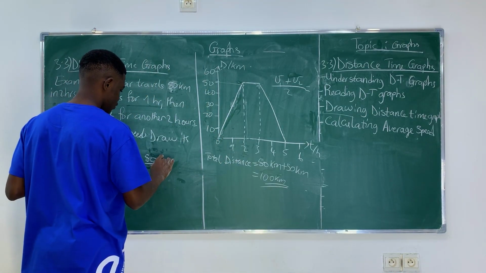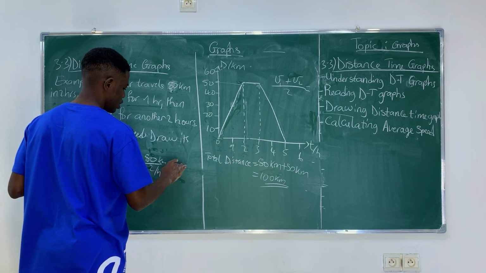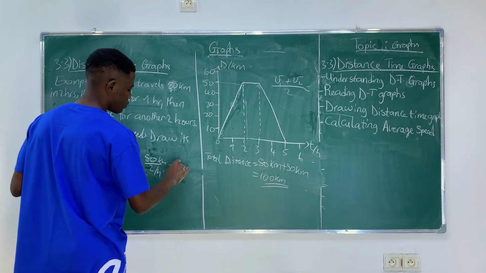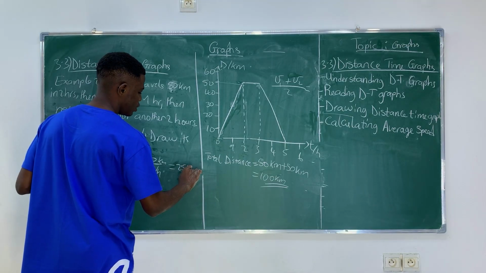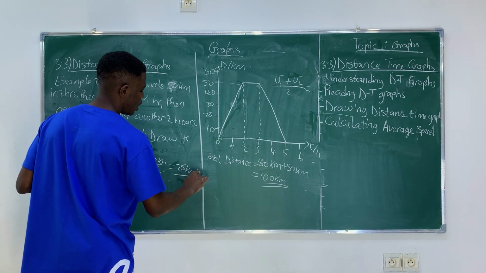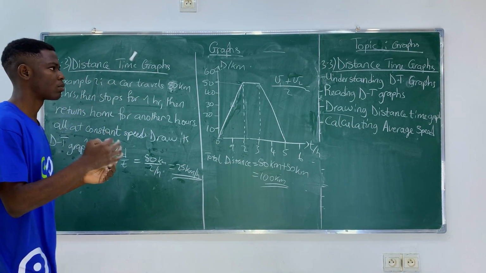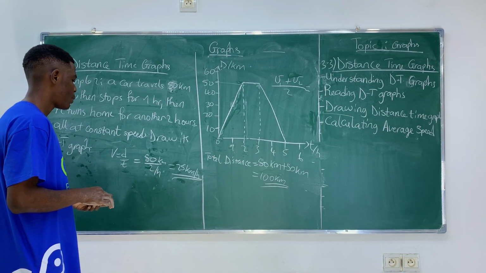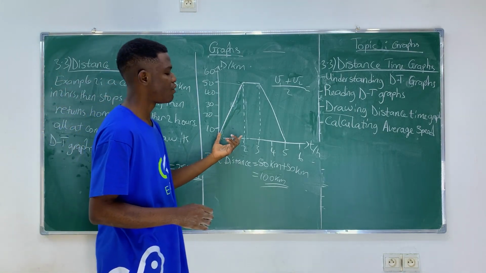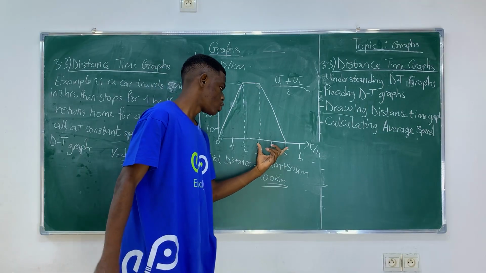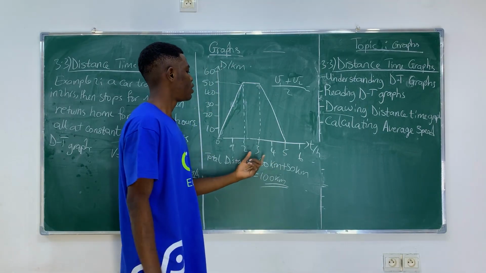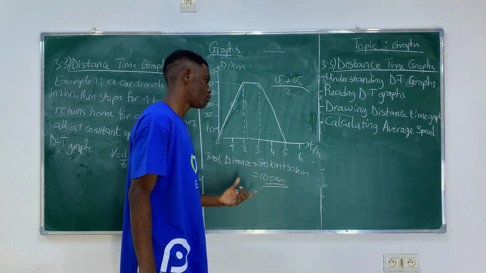So 50 kilometers over 2 hours is 25 kilometers per hour. That is the average speed for the first 2 hours. So the average speed for the last 2 hours.